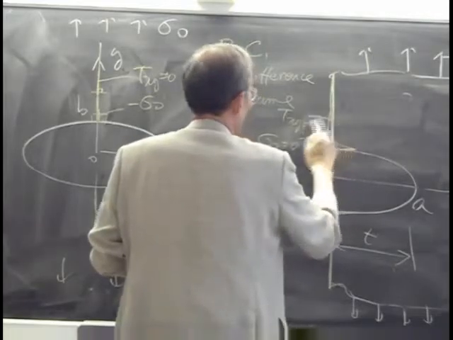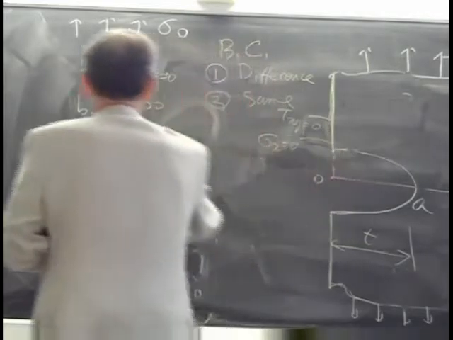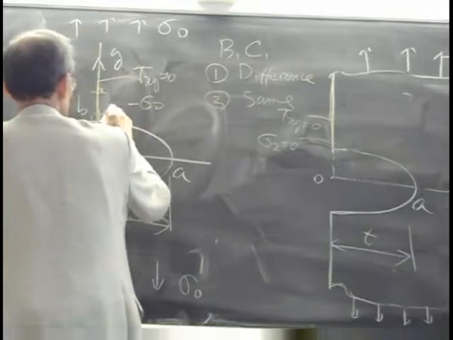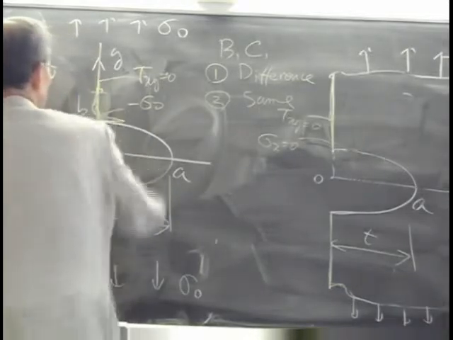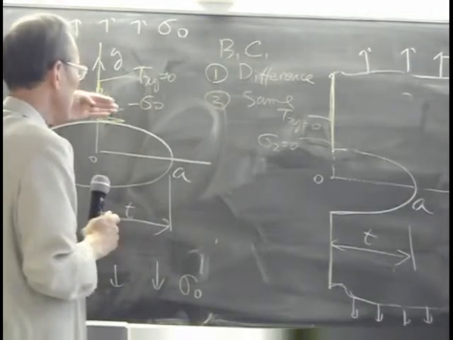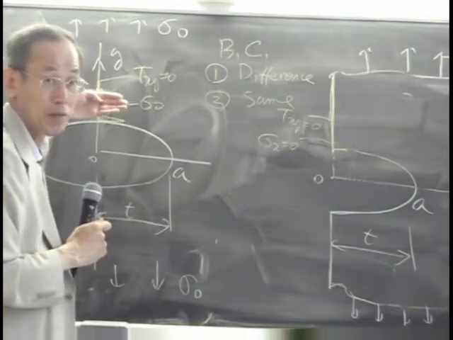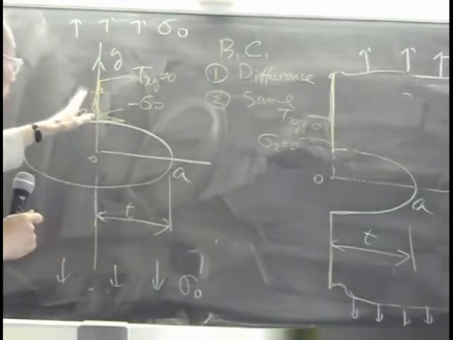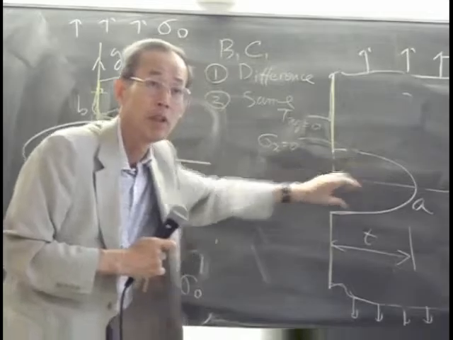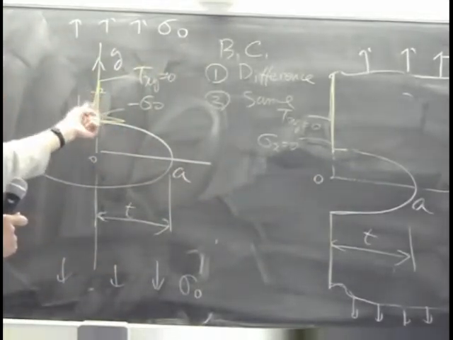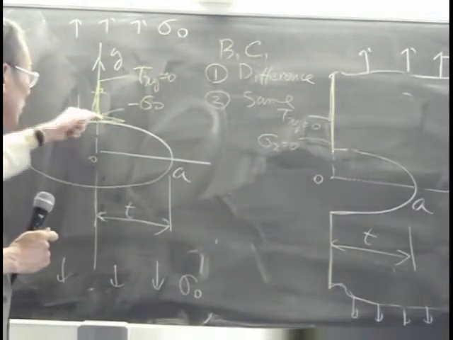Here, no, this is free. In this case, compression and tension along the y-axis. But this is the stress in this direction. If we make this stress free, this problem becomes this problem. To release this stress.